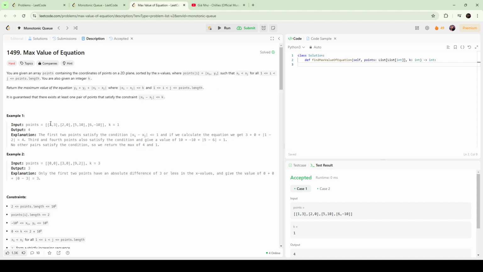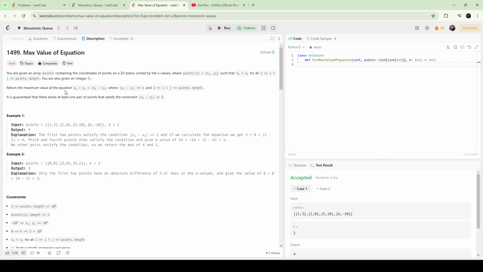The points are actually sorted by the x value, meaning that xi is smaller than xj for every pair i, j. We are also given an integer k.